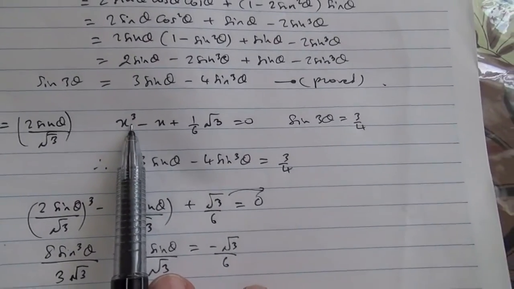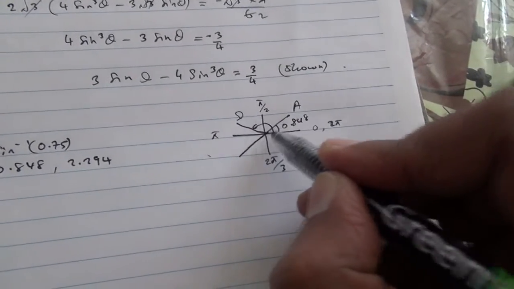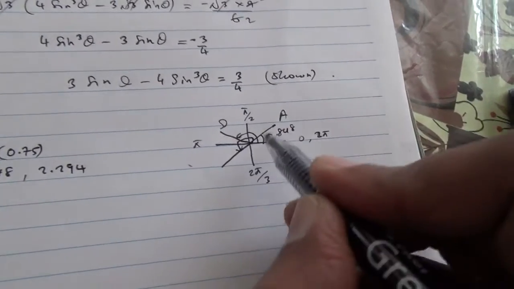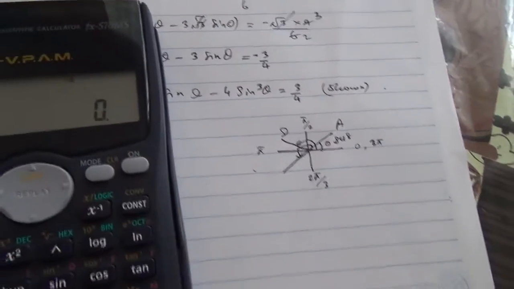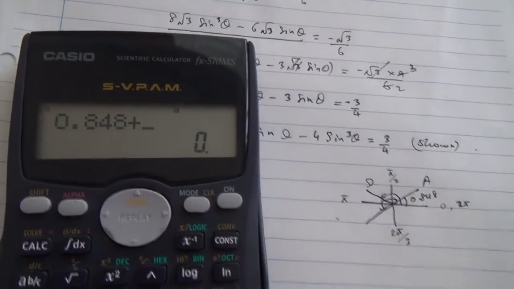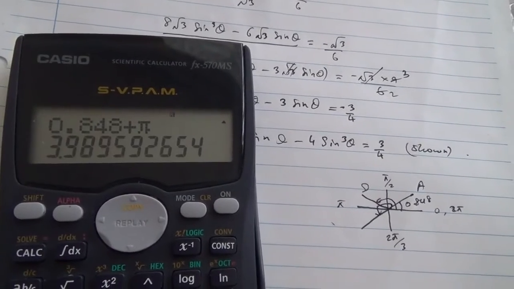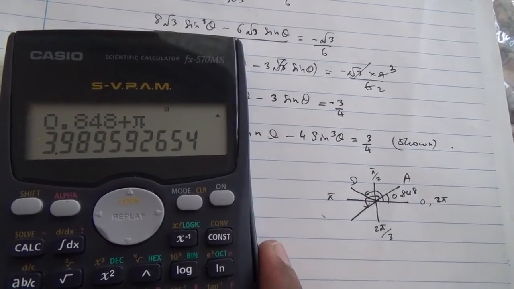So at one stage we're going to end up with a negative value of sine. So when can we get a negative value of sine here? Here. So I'm going to take pi plus the basic angle. So what is pi plus the basic angle? 0.848 plus pi. That's going to give us 3.989, so 3.990.